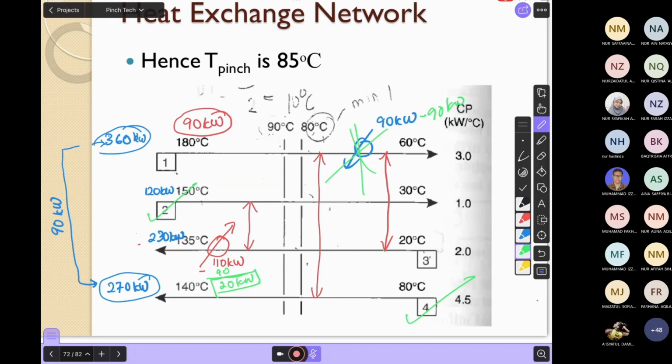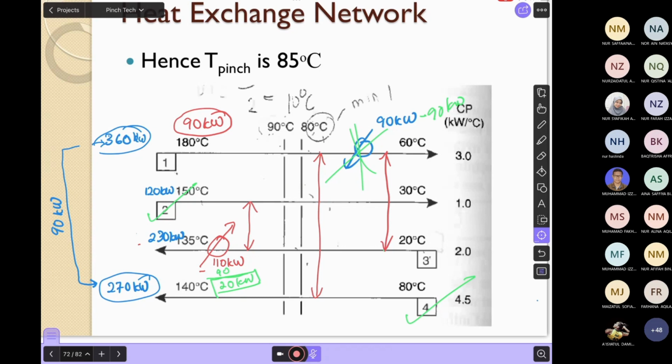Okay. You don't need the cooler to reach 60 degree Celsius for stream number 1. And at the same time, you reduce the energy required for the heater so that the heater only required 20 kilowatt only.